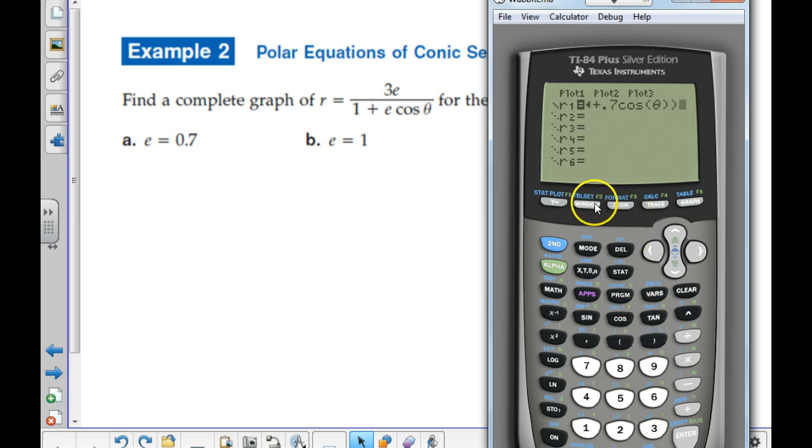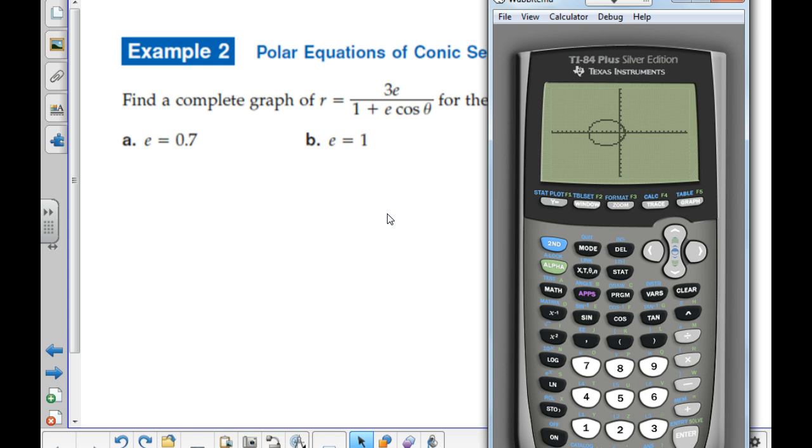Now, your window is, if you're in degrees, 0 to 360 by 1 or 5 or 15, but if you want to be nice and smooth at 5 or 1, 1 takes a while on my calculator. And then I did a zoom square, okay? I did a zoom square so that it came out nice.